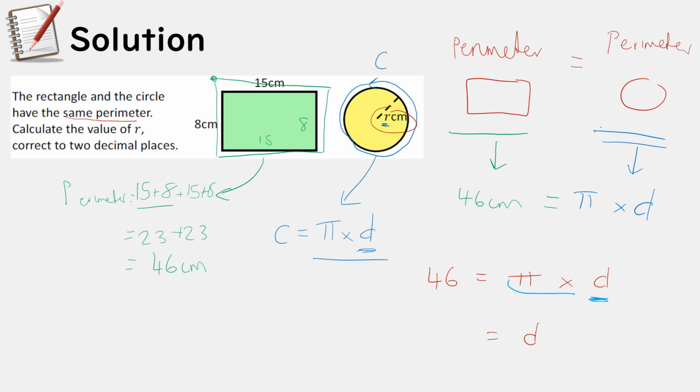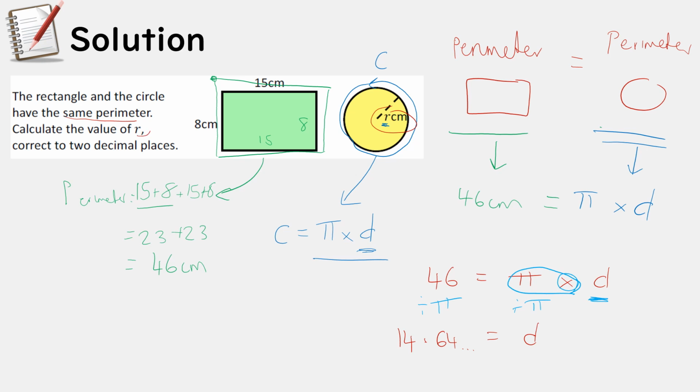I need to get rid of times by pi. And to get rid of times, I've got to divide. And to get rid of times by pi, I've got to divide by pi. So let's do that on both sides. 46 divided by pi, typing that in my calculator, I get an answer of 14.64. It does go on a little bit, but I'm just going to leave it as 14.64.